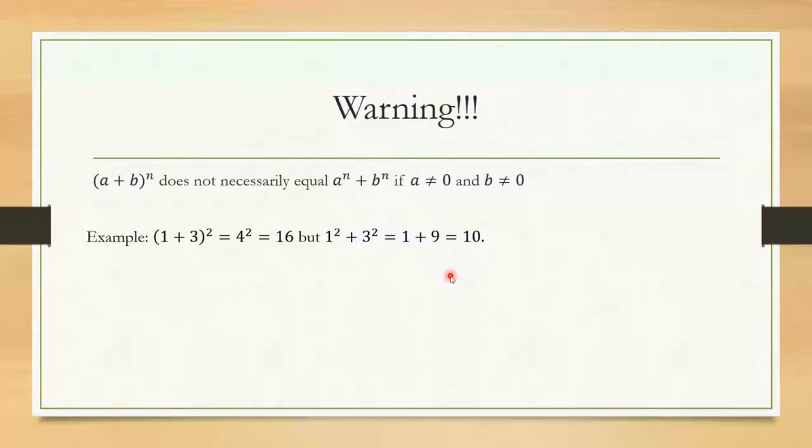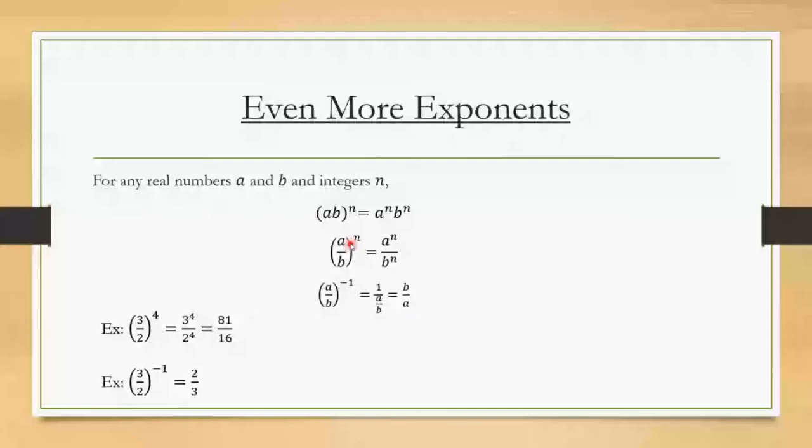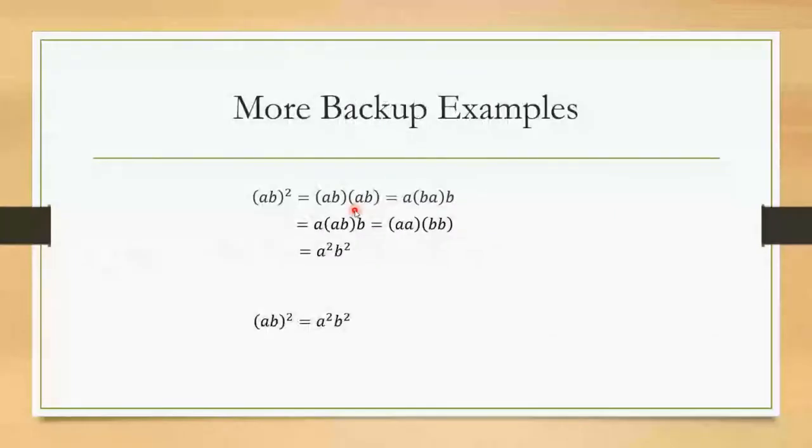Okay. All right, let me go back and show you this rule here, and illustrate why it's true when n is 2. It's not a proof because n could be any integer. Let's see why it's true when n is 2.